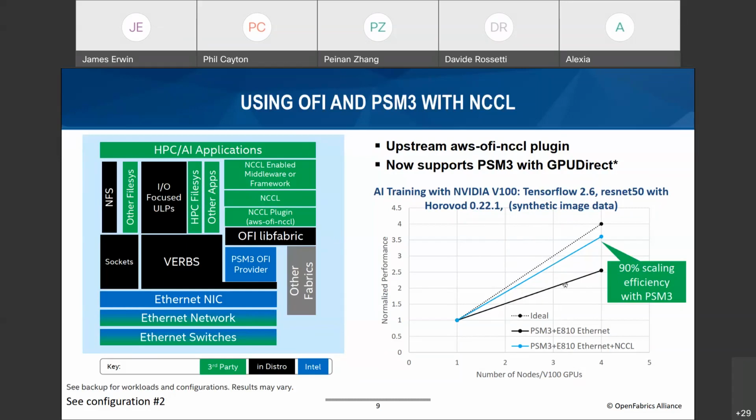But this shows the scalability of this technology going from 1 GPU up to 4 nodes with 4 GPUs, and the difference between the performance if we run with PSM3 over Ethernet without NCCL, which is the solid black line, and if we incorporate NCCL in the solution, we get a pretty significant performance bump and see about 90% scaling efficiency with PSM3 when we're using NCCL.